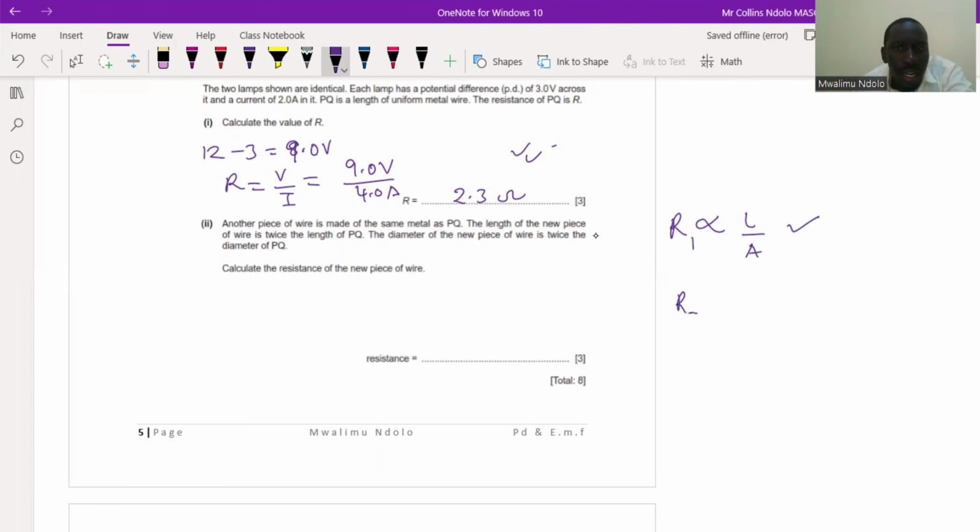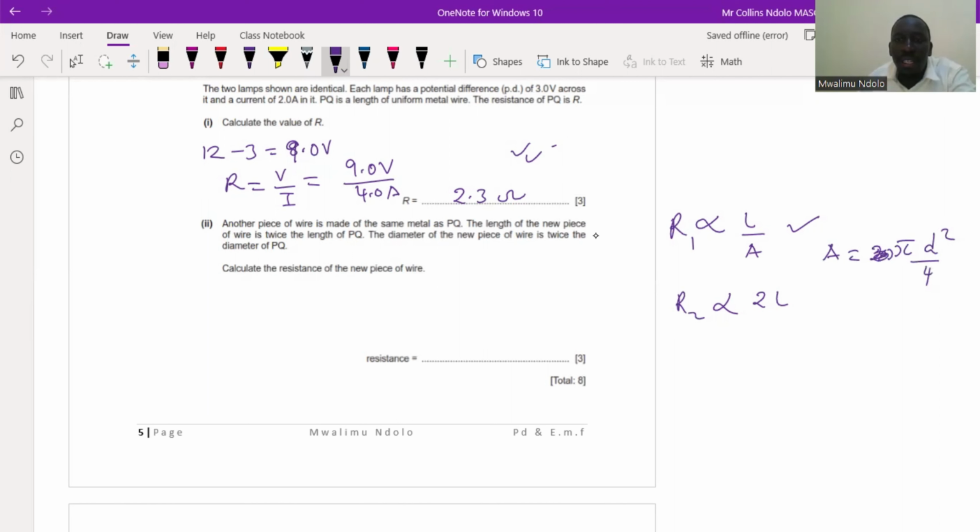Now for R2, we are being told that the length of the new piece of wire is twice, so that will be 2L. And then the area A, because you're going to assume that it is circular, will be pi R squared, so that will be pi D squared over 4.